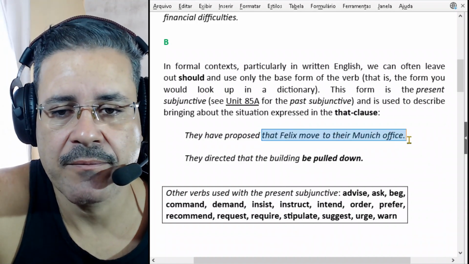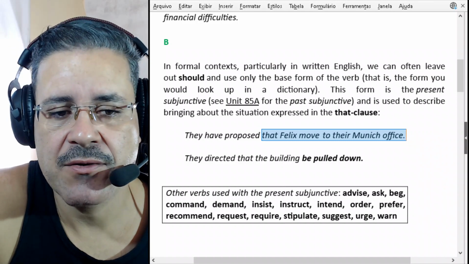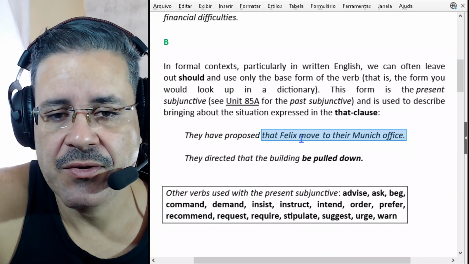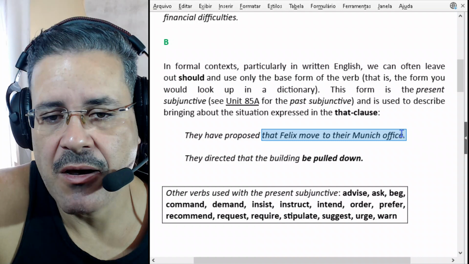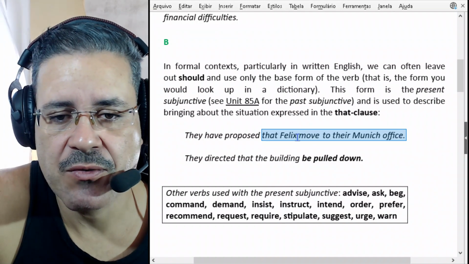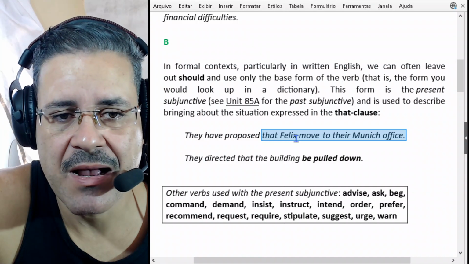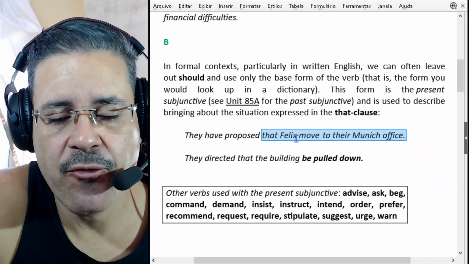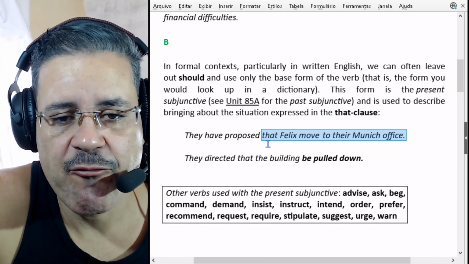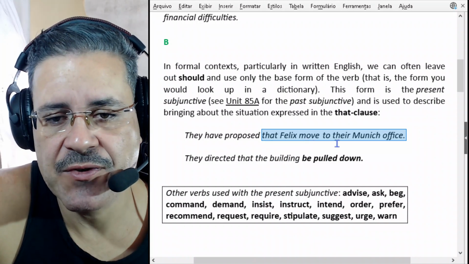So again, they have proposed that Felix move to their Munich office. So we don't use should. We're leaving it out. But it's for more formal contexts.